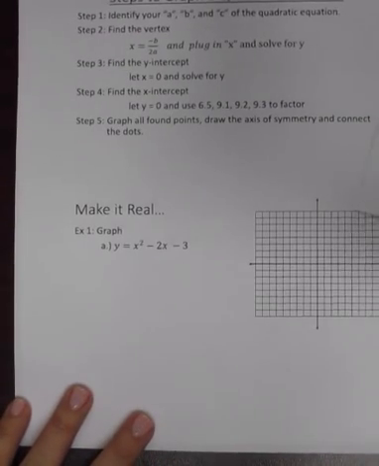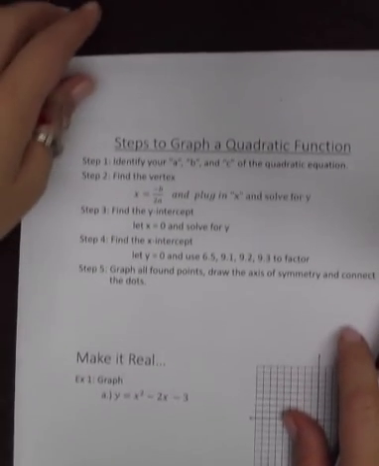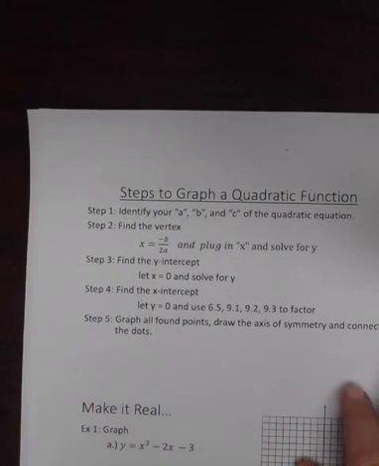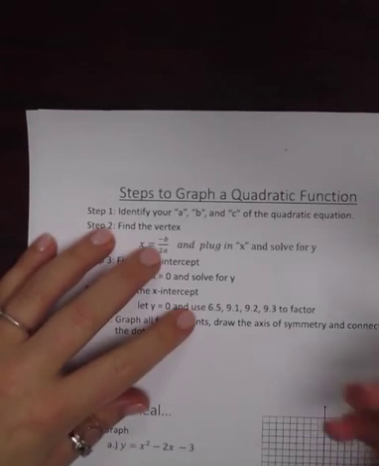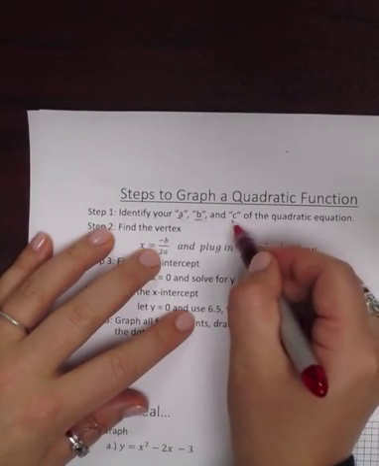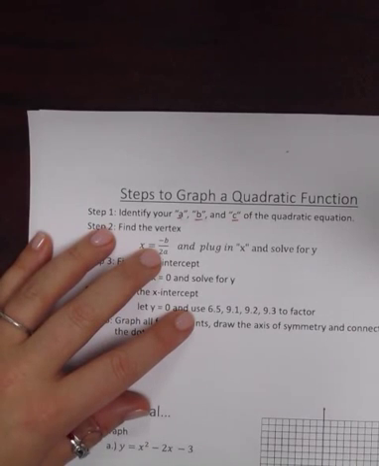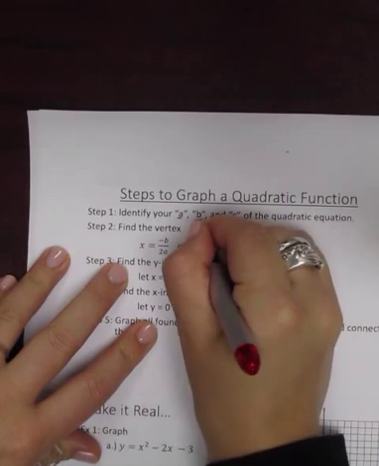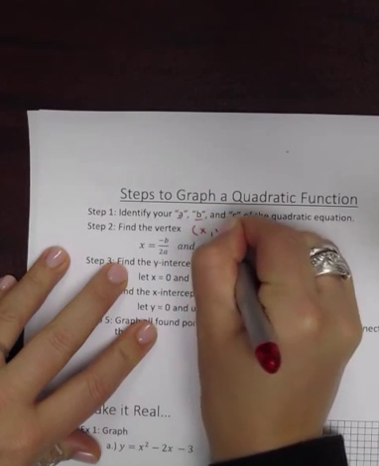Okay, so now let's look at our steps. The steps to graph a quadratic function: the first thing you have to do is identify your ABCs, just like we did when we were trying to find the quadratic formula. The next thing is to find the vertex. Remember, a vertex is going to be some x and then some y point.